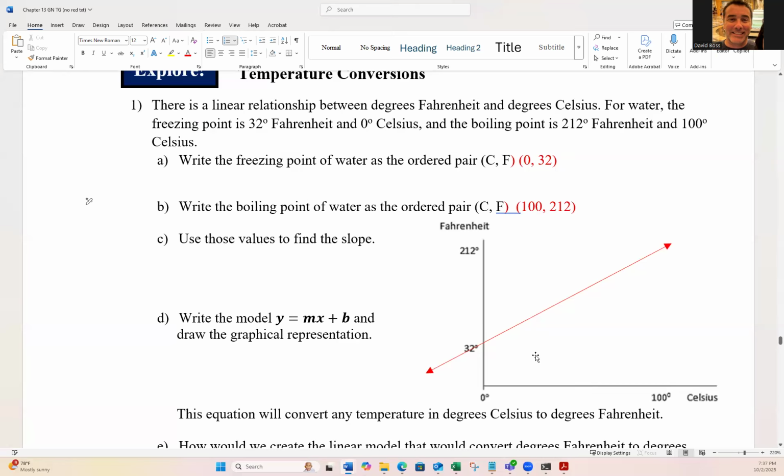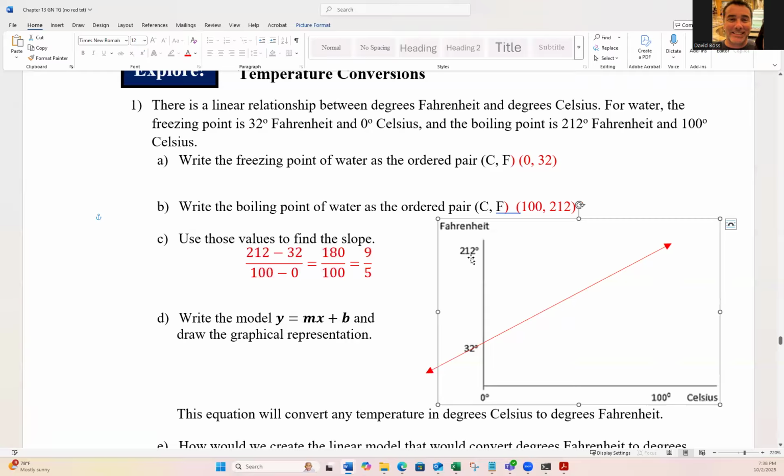Okay, so we talked about this y equals mx plus b stuff, where m is the slope. We have 2 points, and we want to find the slope. So when we go from here to here, we go up, rise, divided by run. So the rise from here to here, divided by the run from here to here. The equation for that is y2 minus y1 divided by x2 minus x1. But if you also just think about it geometrically, we have the rise, which is 212 minus 32.